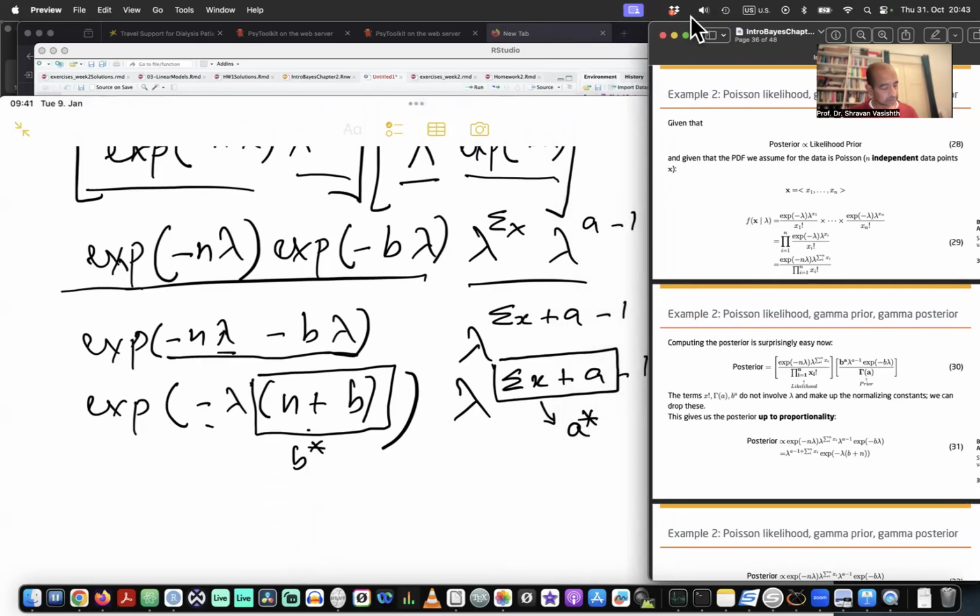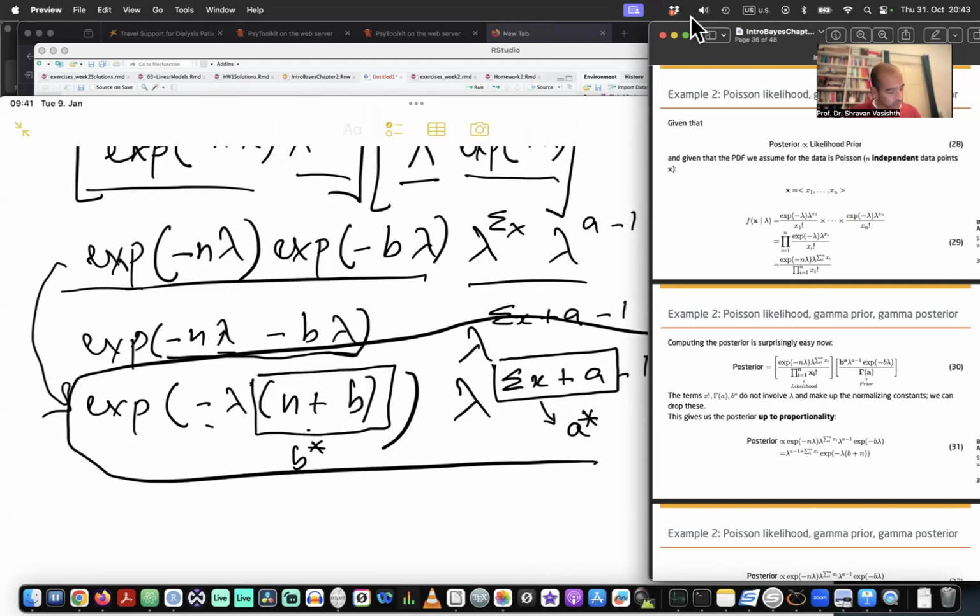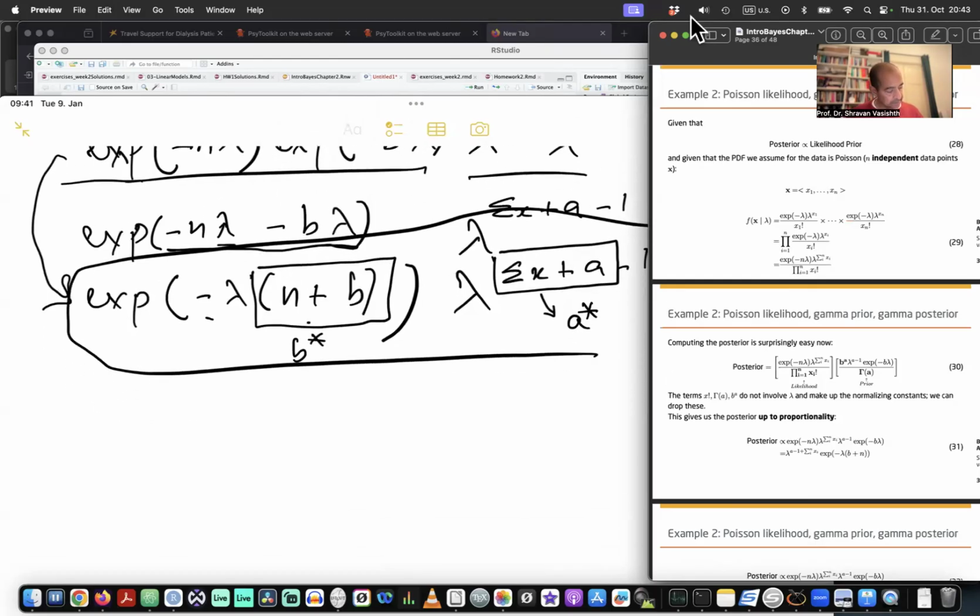I hope that this was clear. What I just did was simplify these terms until I ended up with this expression here, right? And so what I'm trying to say is that once I multiply the likelihood and the prior, I end up with, just want to make sure that you can see this, minus lambda n plus b, and this n plus b is my updated b in the posterior.